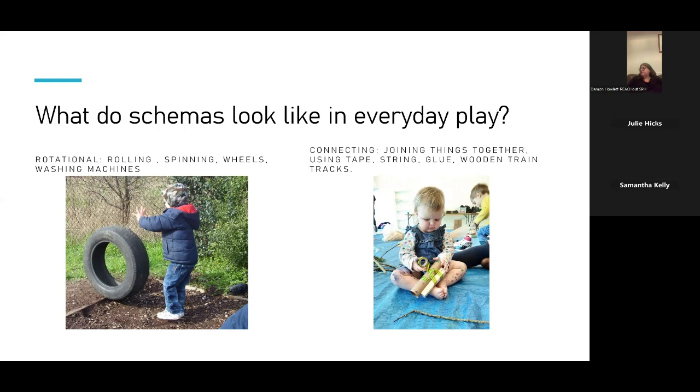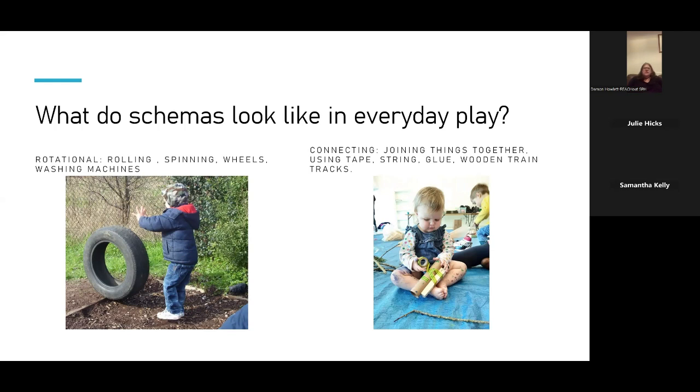At a park near us, we call it the washing machine. It's like a metal drum in a frame, children get in it, and then the adult spins it round for them. Not my idea of fun, but it's perfect for a child with a rotational schema. Anything to do with things going round and round like that is rotational schema.